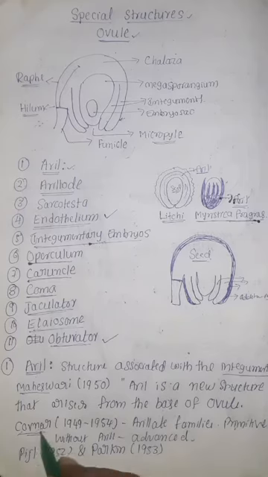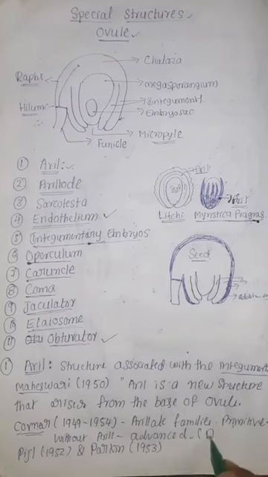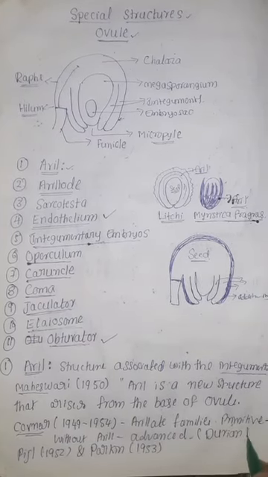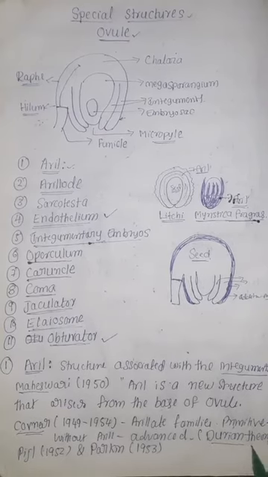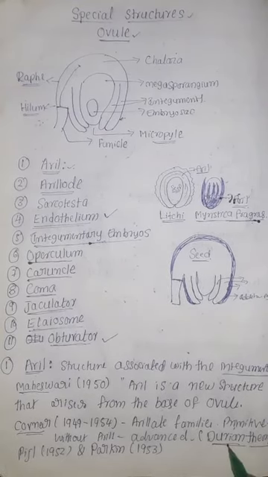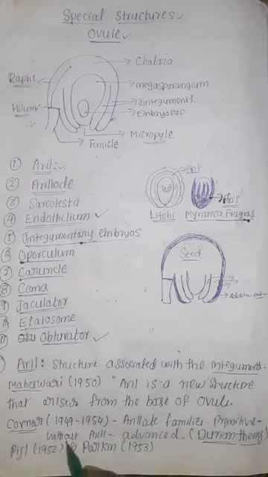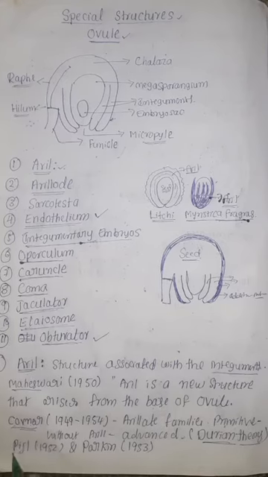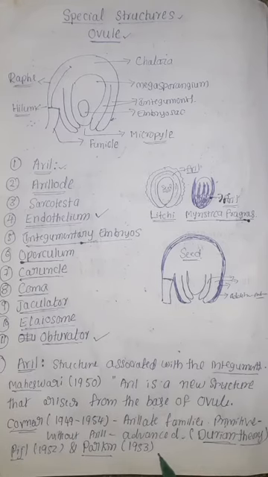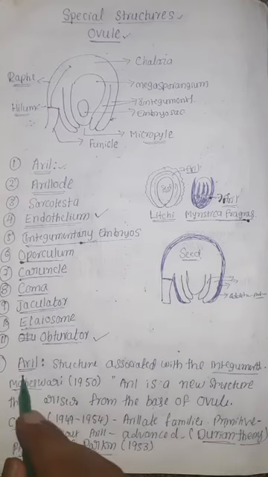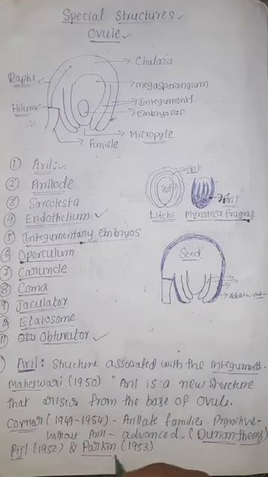Corner also proposed a theory called the durian theory. According to this theory, arillate families are primitive and non-arillate families are advanced. But as per Pijl and Parkin, this is nowhere linked to evolution. That is all about aril. Very important for your examination.